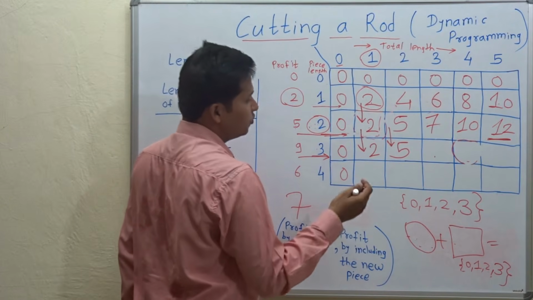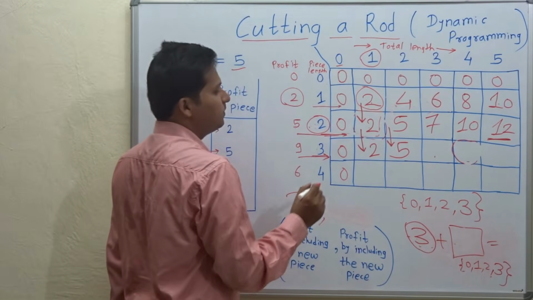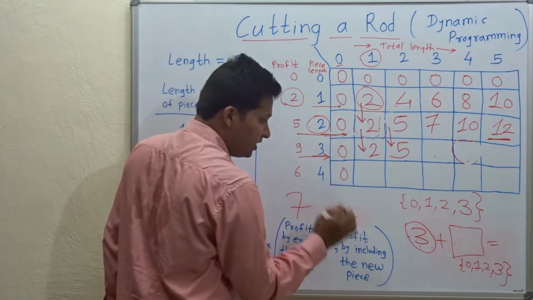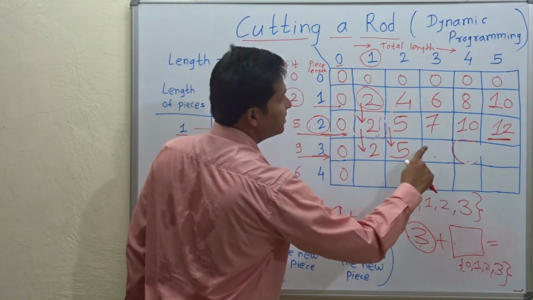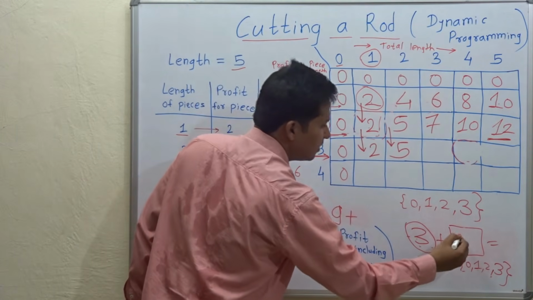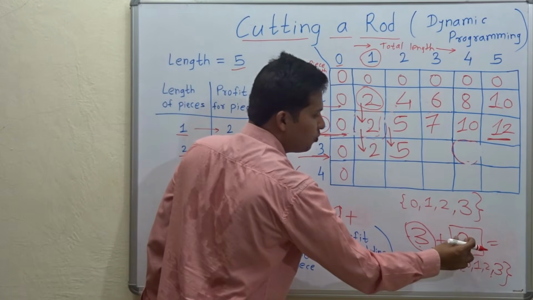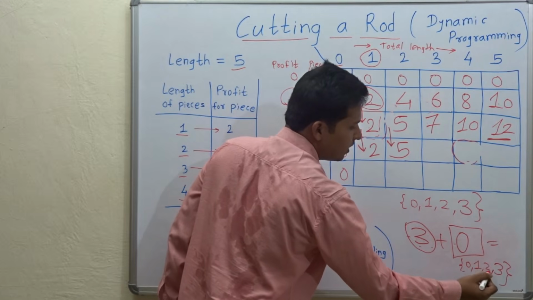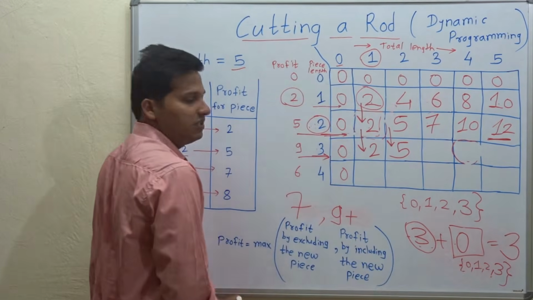When we include the new piece, that is of length 3, I have included. So the profit is 9 for that piece of length 3, plus the remaining length. See, the remaining length to make 3 is 0. Okay, so you have to make a length of 0 by using allowed lengths 0, 1, 2, 3 to make a total length of 3.